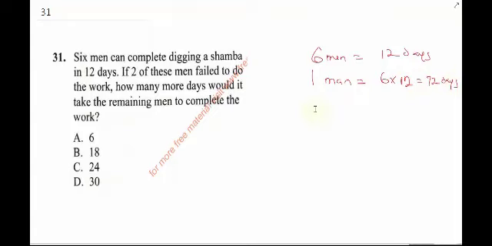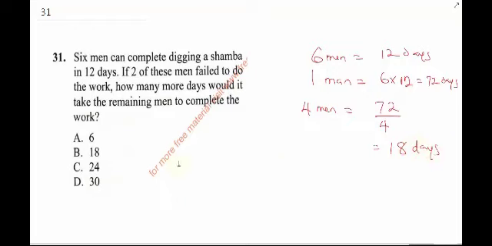Okay, so if 4 men now did the job, that will be 72 days all divided by 4. So 4 into 7, you have 1, carry 3, 4 into 32, you're going to get 18. So that's 18 days.